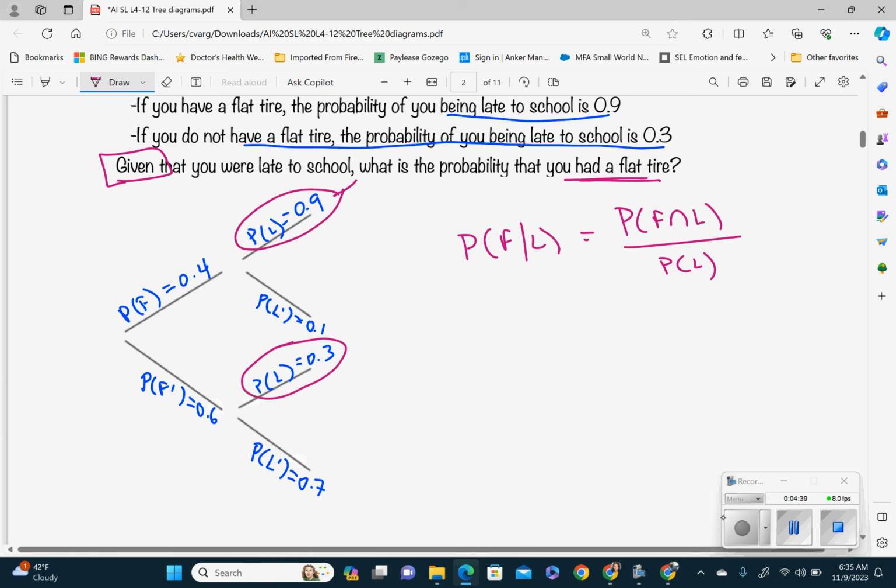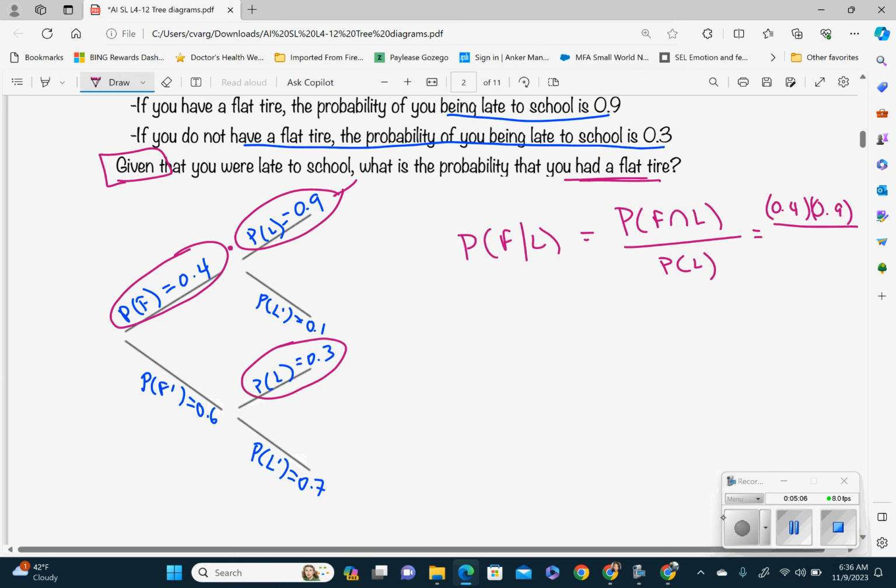The probability that we have a flat tire and we're late follows this path, so we multiply these two numbers: 0.4 times 0.9 on the top, which is 0.36.